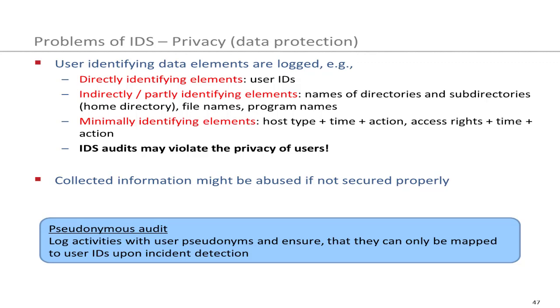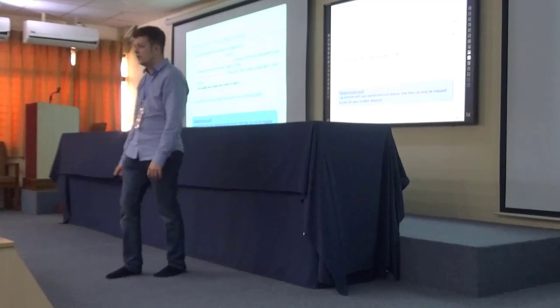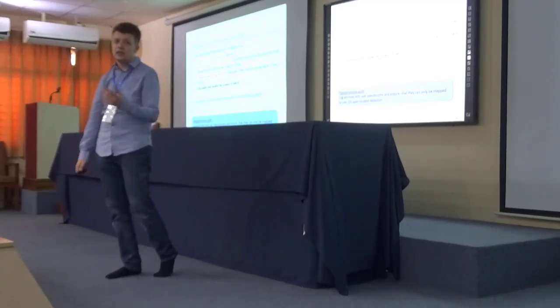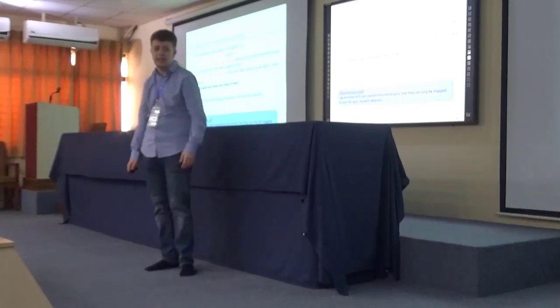That could also be done for processes, for example, and only if you detect an incident, so if you really see, okay, something is wrong with that host, there might have been an attack, then you can use the mapping that you have stored somewhere else securely to see which user this pseudonym belongs to, and then you can go further and really identify the user account that is responsible for this incident. So that's a little bit of privacy gain.